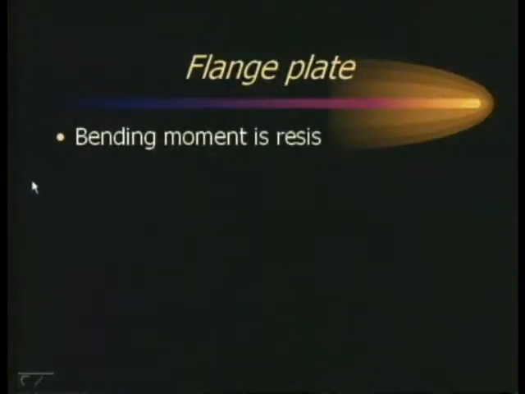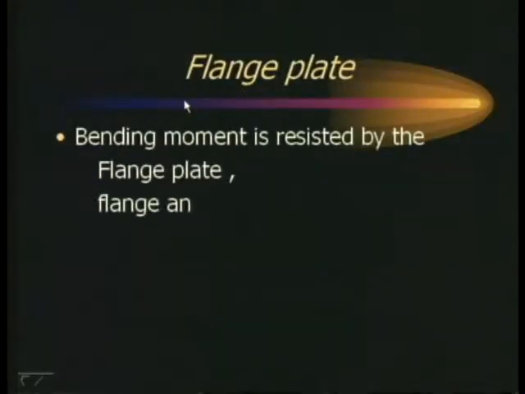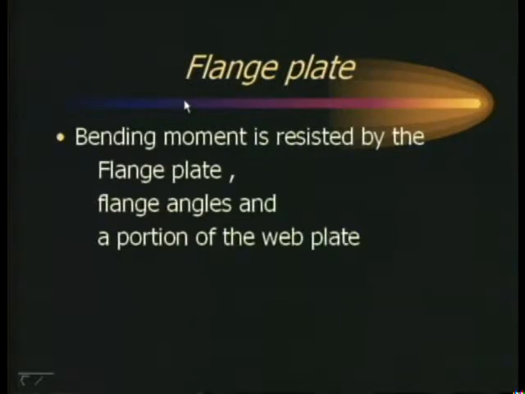Now, what does the flange plate do? The flange plate at the top. The bending moment is resisted by the flange plate, flange angles and a portion of the web plate. Carefully observe, the bending moment is resisted by the flange plate.